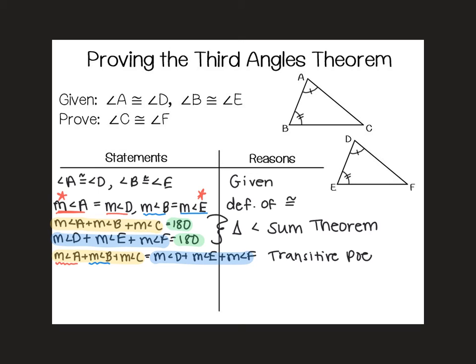So again, D gets plugged in for A. E gets plugged in for B. Everything else I'm just going to rewrite. When we plug things in, we call that substitution.